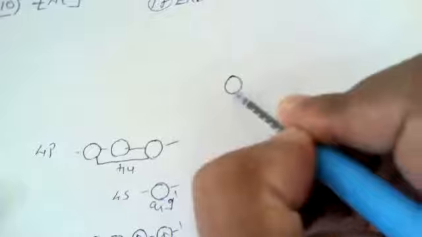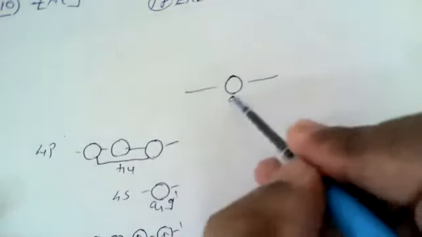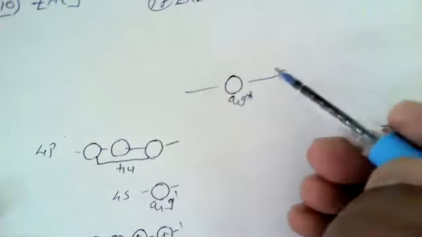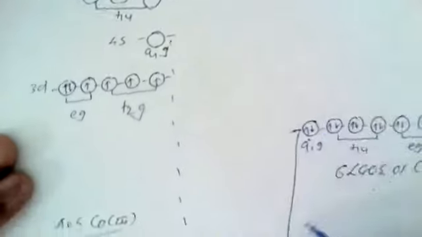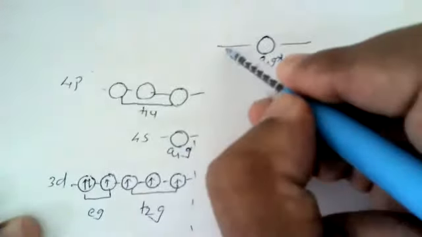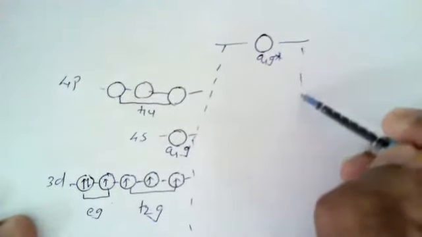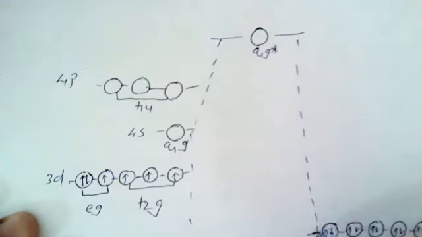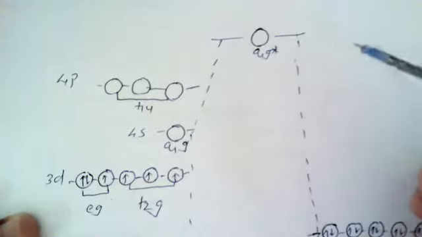Now, the corresponding high energy antibonding molecular orbital is labeled here as A1G star antibonding. As all the electrons are consumed in the formation of the bond between cobalt and fluorine, there is no contribution from the metal as well as the ligand, and hence we have to show a dotted line from both sides for the antibonding, high energy, destabilizing molecular orbitals.